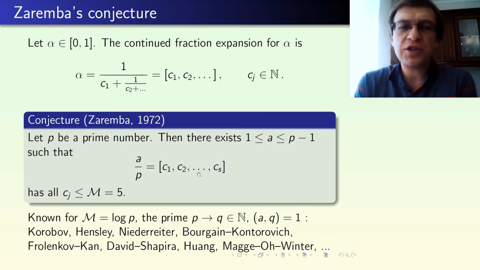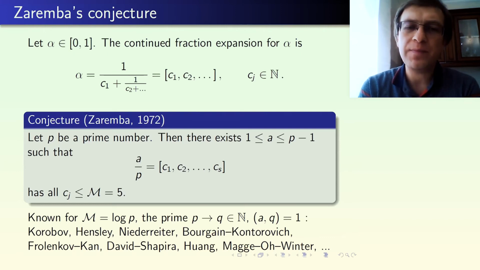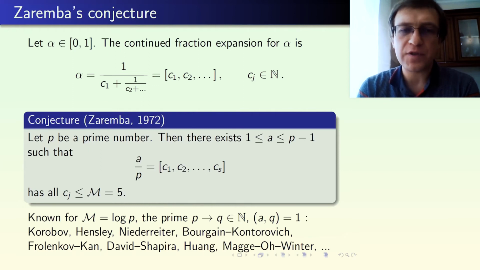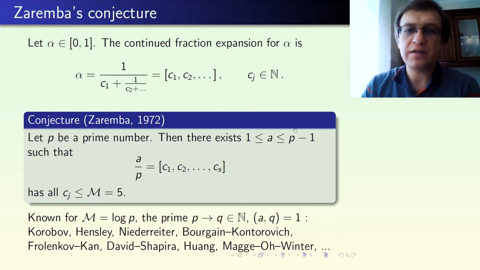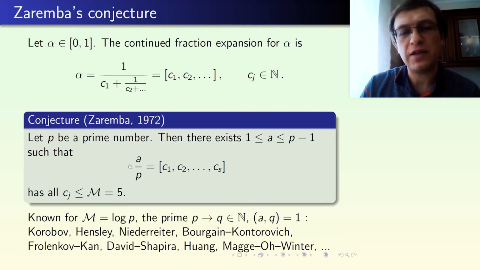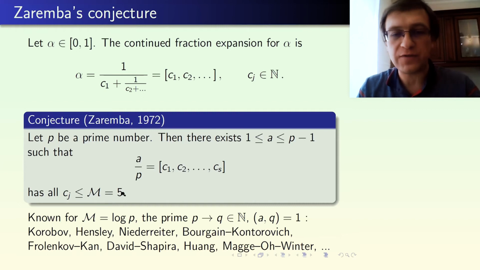And Zaremba's conjecture says that for any prime p, or any number, not just prime, I can find a such that if I consider the finite continued fraction expansion, c1 to cs, then this ratio has all partial quotients c1, ..., cs bounded by 5, sorry, by 2. We will come back to this a little bit later.